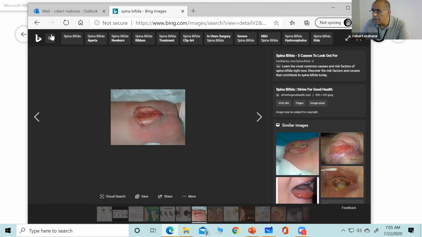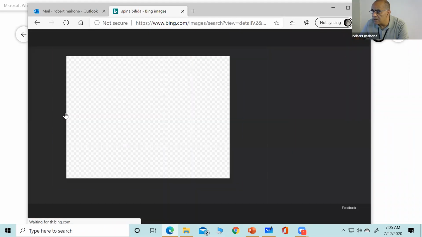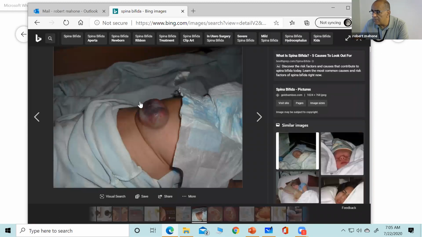Okay. And they will go into the spinal column. First we need to drain all this excess fluid. And remember, this is the same fluid that's circulating around the baby's brain.